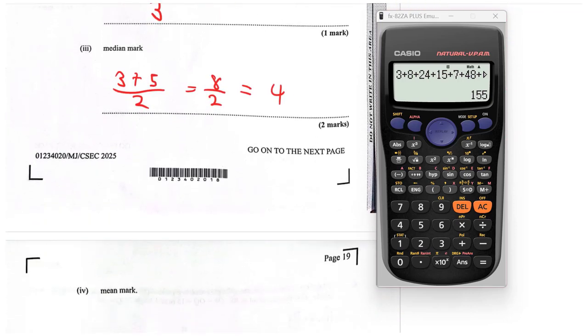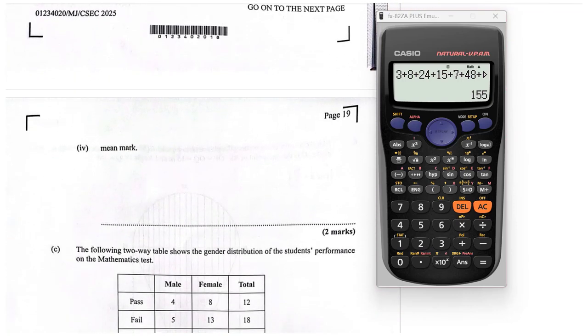So let's go down here. And it's going to be 155 divided by the total amount of students. So that is going to give us 30. So divide our answer by 30. And that's going to give us 5.2. So our mean mark is 5.2.